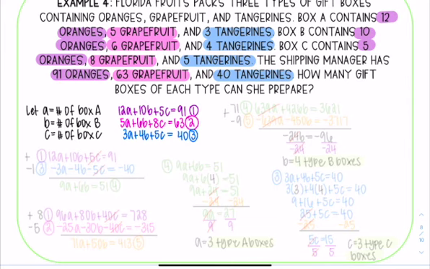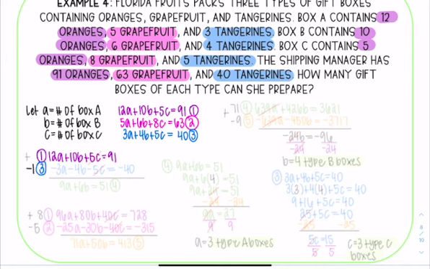And so the best method here is to do the addition elimination method. So looking between all three, it looks like equation 1 and equation 3 would be pretty easy to eliminate C. I just need to multiply one of them by -1. So the first thing I'm going to do is leave equation 1 just as it is, and I'm going to multiply equation 3 by -1.